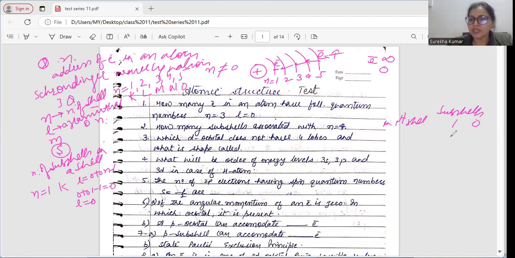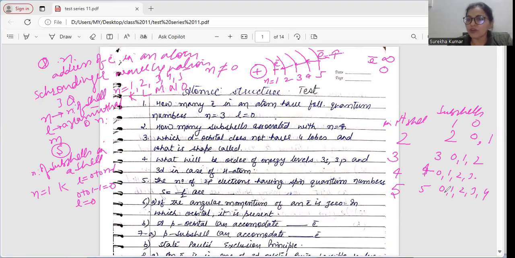In second shell, 2 subshells are there. Value 0 or 1. In third shell, 3 subshells are there. 0, 1 and 2. In fourth shell, 4 subshells are there. 0, 1, 2, 3. In fifth shell, 5 subshells are there. 0, 1, 2, 3 and 4.